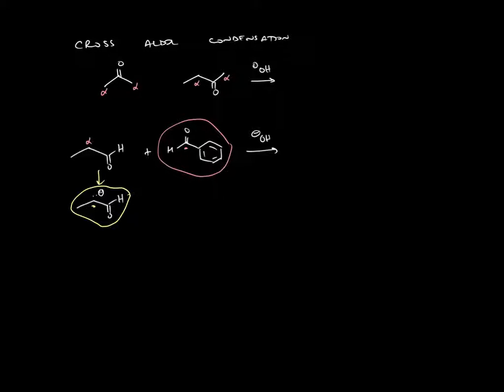And therefore, the product of this would have a brand new double bond right here to that carbon that is right next to the benzene ring. So this would be an example of a crossed aldol condensation where you use two different carbonyl-containing compounds. Let's try one example of that.